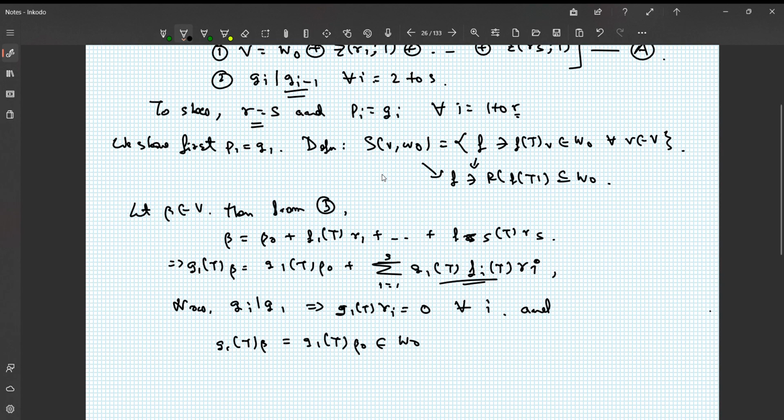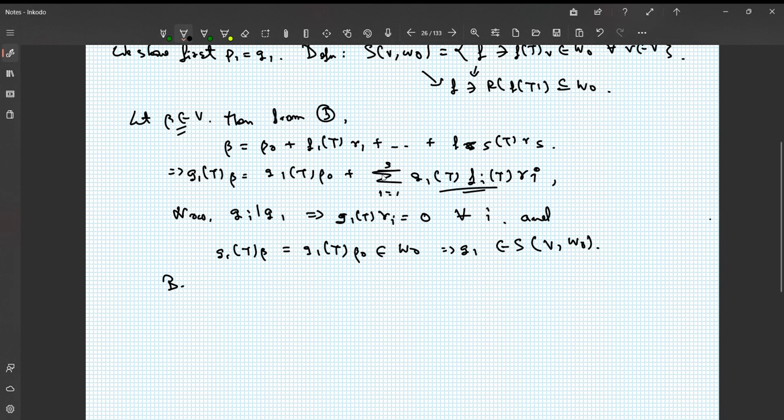So g1(T) of beta naught is inside W naught because beta naught is inside W naught. And g1(T) of beta is equal to g1(T) of beta naught. So g1(T) of beta is inside W naught. So this means that g1 is inside the T-conductor of V into W naught. Clear? Because beta was an arbitrary element from V.